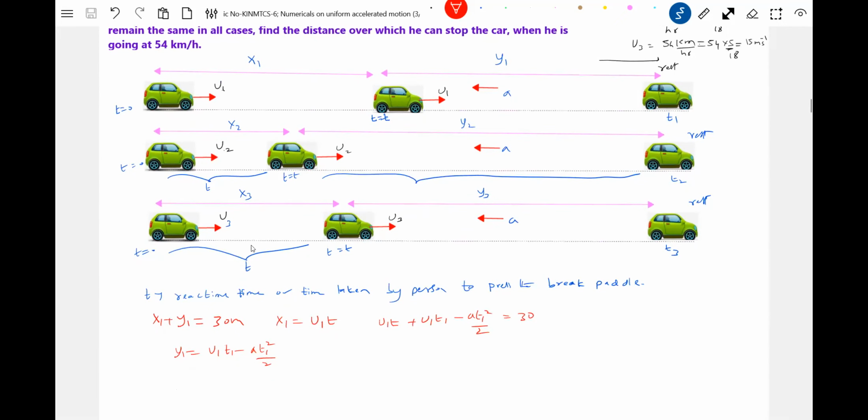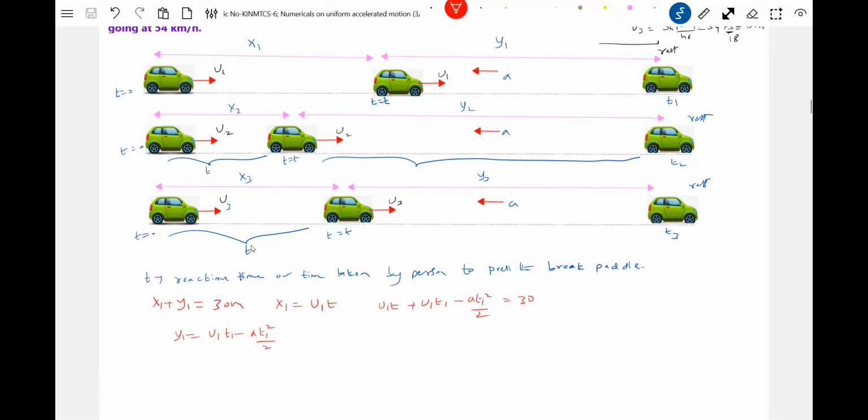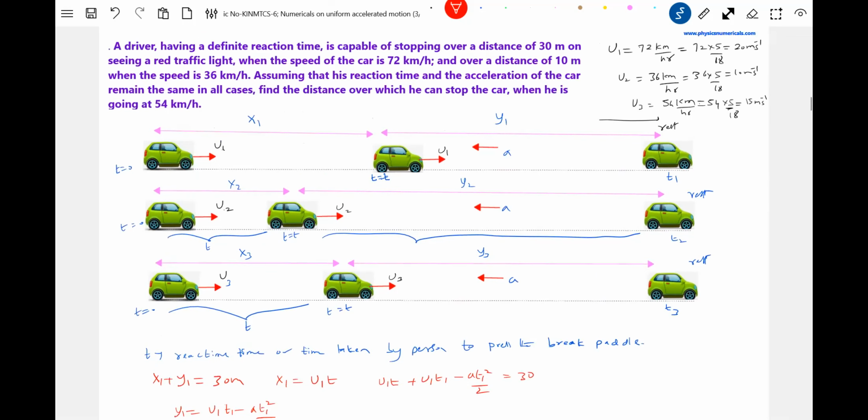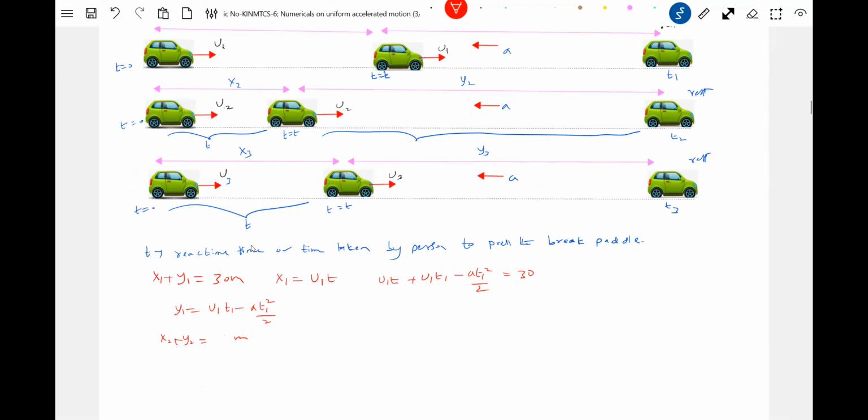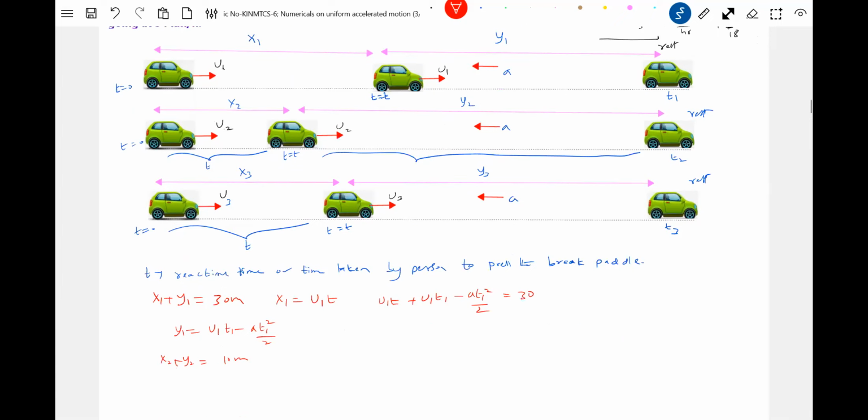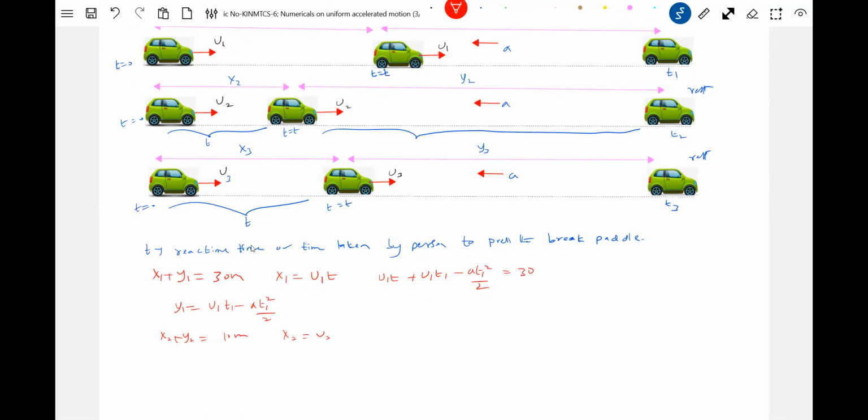Okay, now similarly, what is the data we can write? X2 plus Y2 is 20 meter, 10 meter. Then X2 equal to U2T, then Y2 equal to U2T2 minus A T2 square by 2. Let me substitute this. X2 will be U2T, U2T2 minus A T2 square by 2.